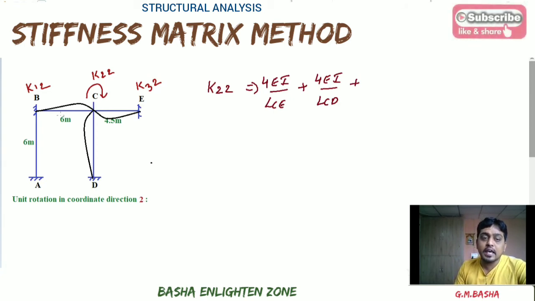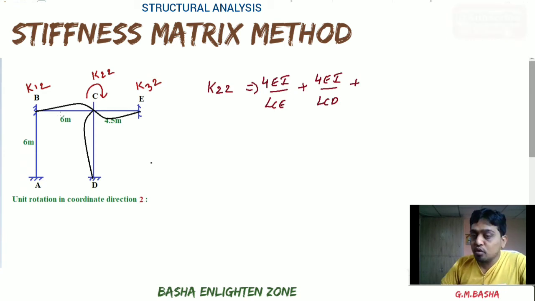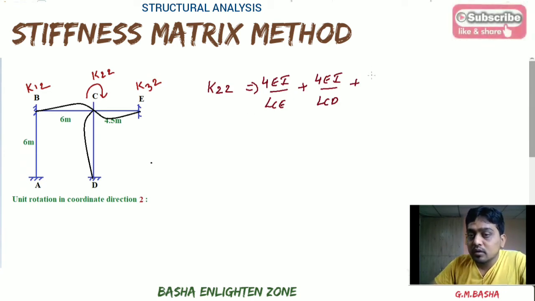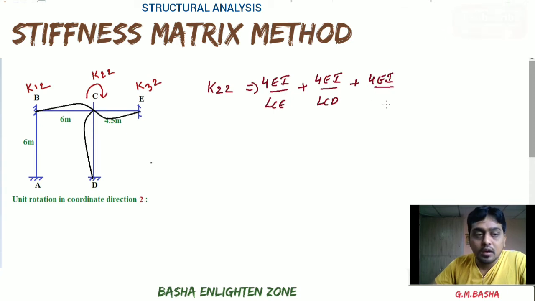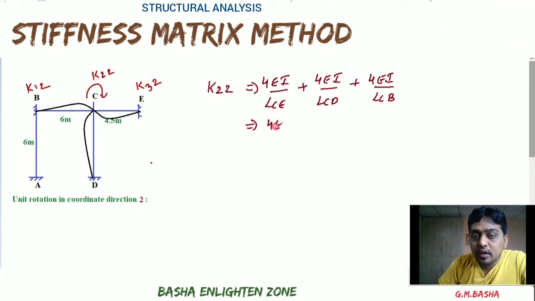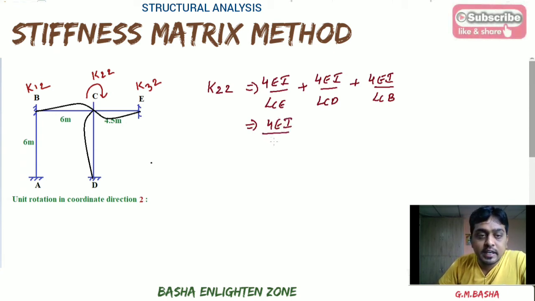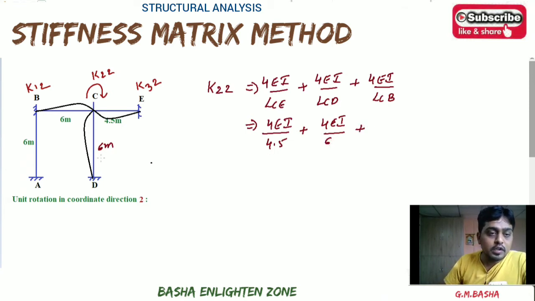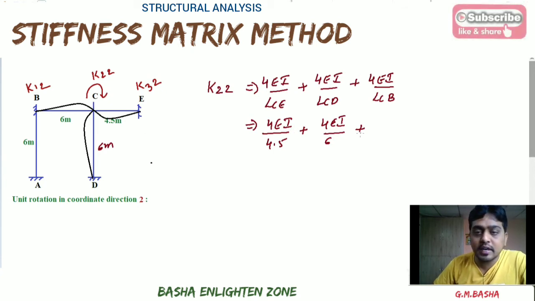4 EI by LCE plus 4 EI by LCD plus 4 EI by LCB. Then take down the values. EI is constant here. LCE will be equal to 4.5 meters plus 4 EI by LCD, span of CD will be 6 meters, plus 4 EI by LCB, which will be equal to 6 meters.